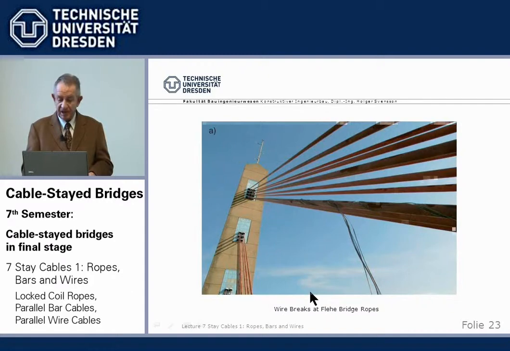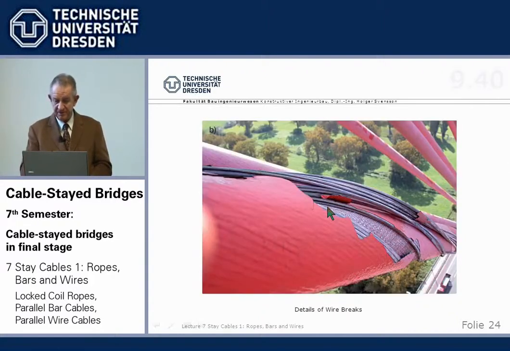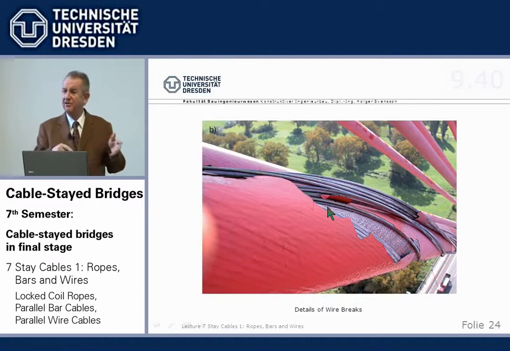Lately, the Rhine River Bridge Flehe, built in the early to mid 70s. I was very much involved, I know it well. It's not so old, and you see here few wire breaks, and even worse. That also had to do with the old type of cables, not galvanized. Today it's all much better, of course.